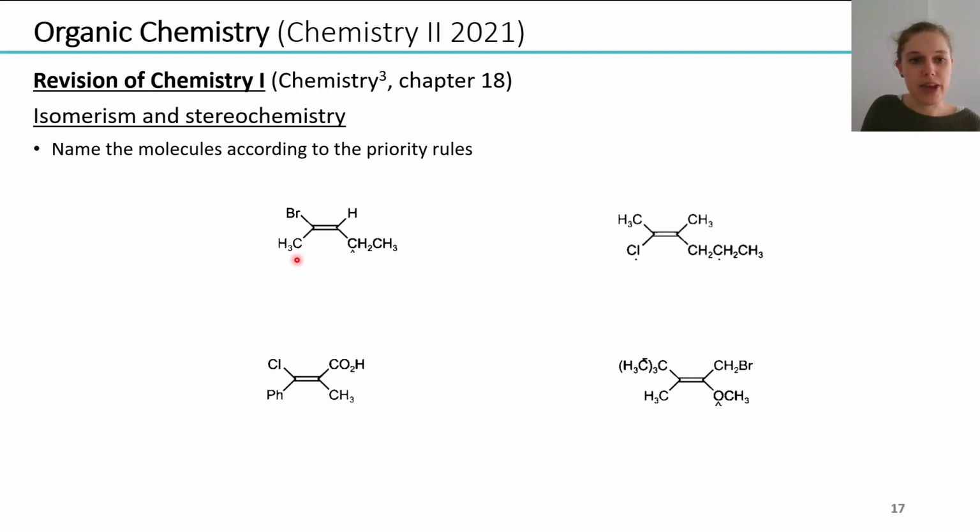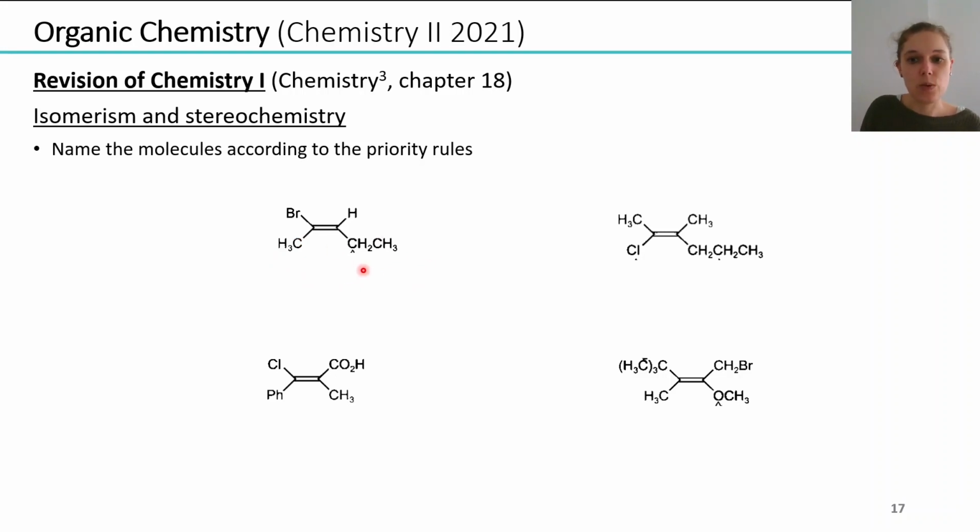So we know that the next highest priority should be either this or this substituent, because we go to a carbon atom. The methyl group has only one carbon atom but three hydrogen atoms, whereas the ethyl group has two carbon atoms.